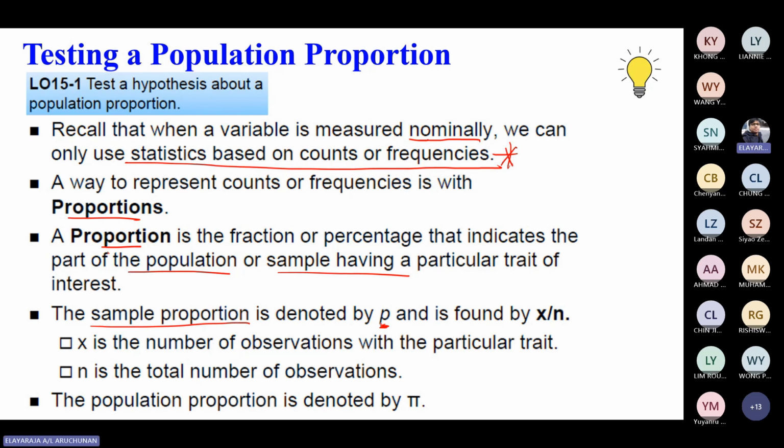The sample proportion p is found from x over n, where x is the number of observations with a particular trait, and n is the total number of observations. So we can get the proportion for the samples. The population proportion is denoted by the symbol pi. This is the symbol used for the population proportion.